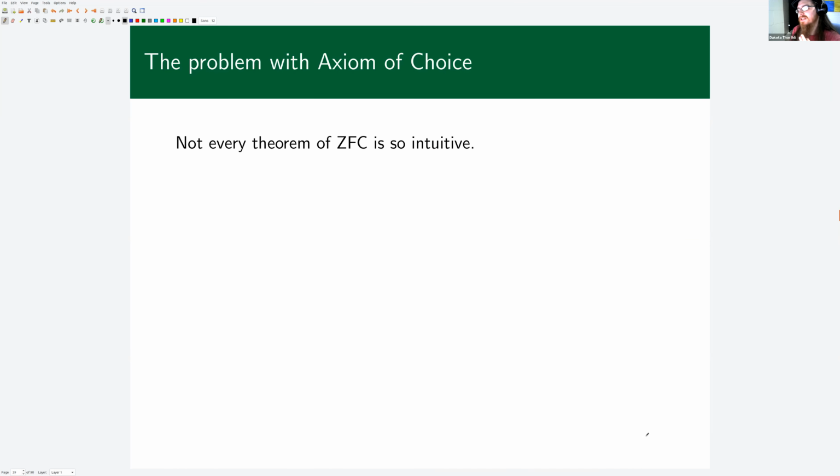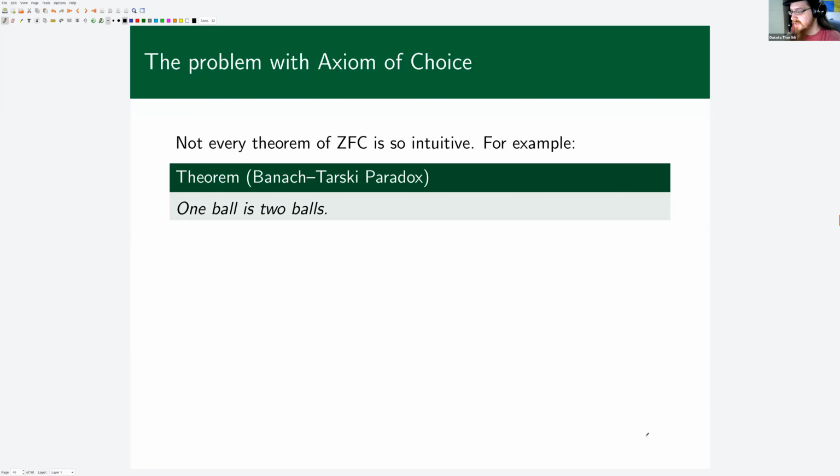The issue is that ZFC, ZF with choice, proves some very intuitive things, but also some not so intuitive things. The canonical example of something you need choice to prove, that people have problems with, is the Banach-Tarski Paradox, which, the glib way of putting it, is that one ball is two balls.